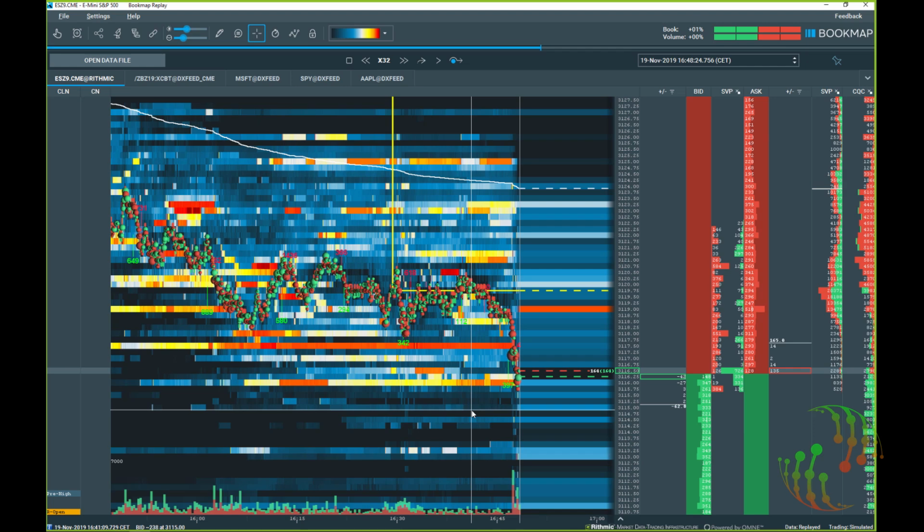The toilet bowl is empty. It must be refilled. And it indicates a kind of capitulation. I don't know whether it stops here or wherever, but anyway, it doesn't matter. This is a sweep. What should we do with sweeps? How do we trade sweeps?